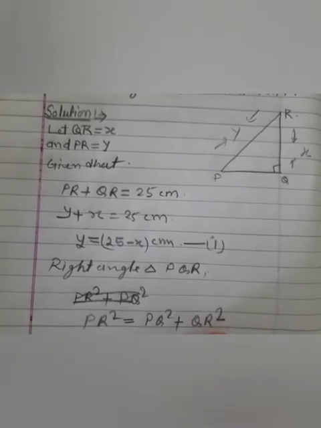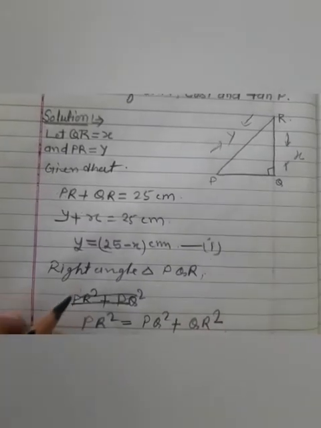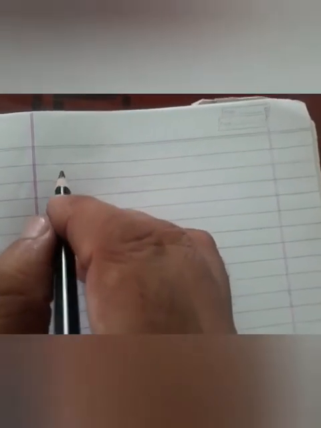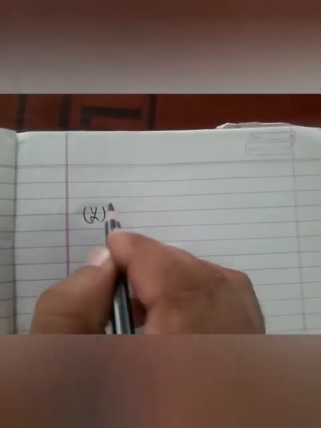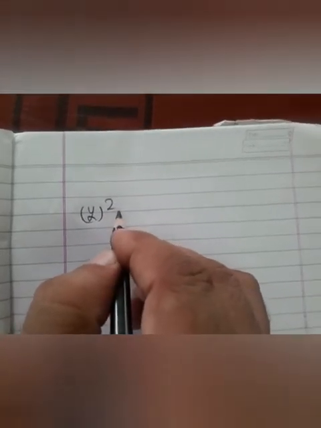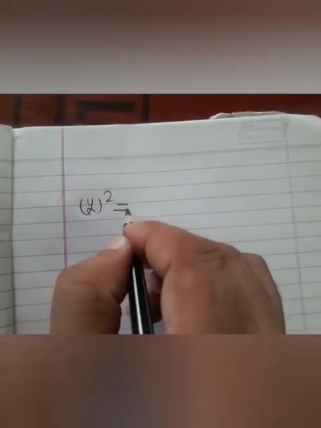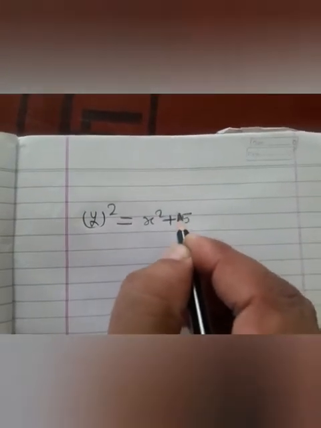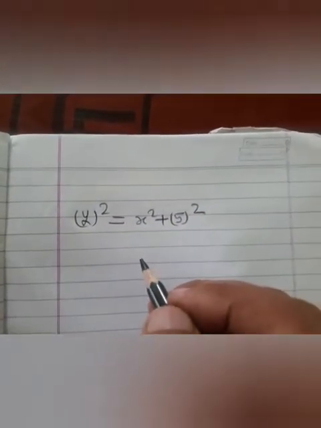Now look, here PR square is Y whole square, equal to QR X square plus 5 whole square.